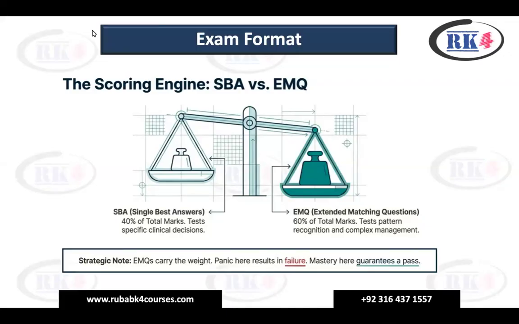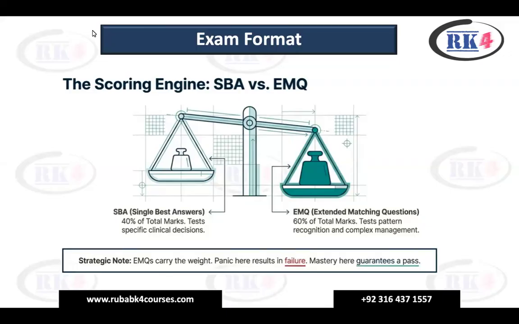Whereas extended matching questions test your in-depth knowledge, your clinical reasoning, the critical thinking part. That is why we get confused. In the single best answers, there are 5 options. In extended matching questions, there could be up to 20 options.